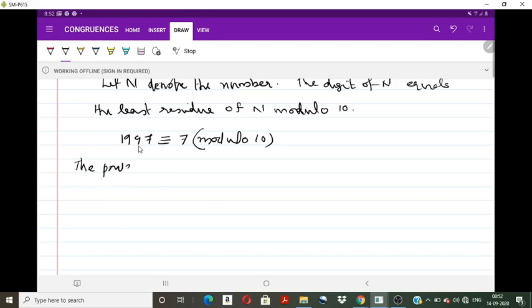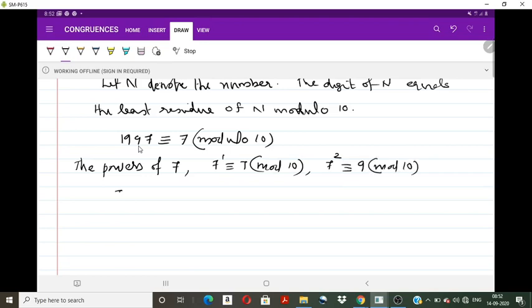Now the powers of 7 under modulo 10 are: 7 raised to 1 is congruent to 7 modulo 10, and 7 square is 49, so it is congruent to 9 modulo 10.